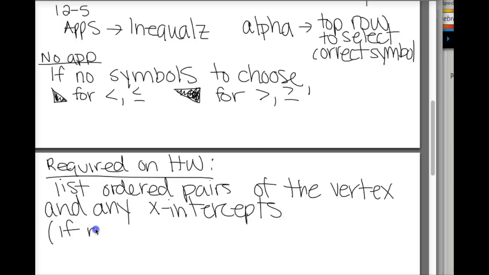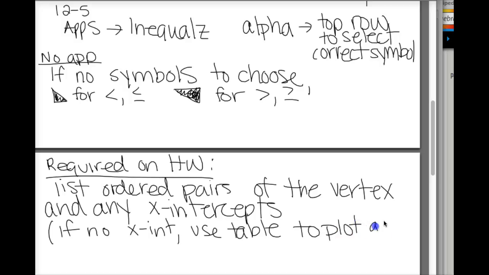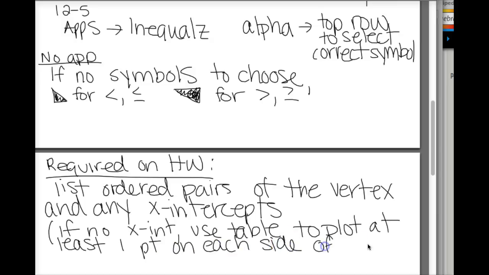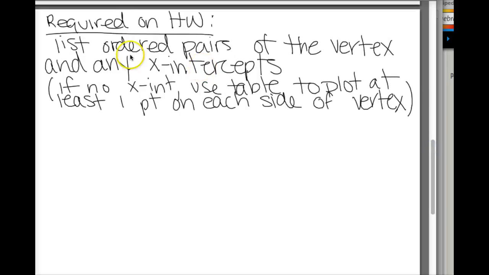If there are no x-intercepts, you'll have to use the table to plot at least 1 point on each side of the vertex. You don't have to list those ones, but you do need to actually plot them on your graph. So you're going to list ordered pairs for the vertex and any x-intercepts. If there aren't any, you'll use the table to get some extra points instead of x-intercepts.